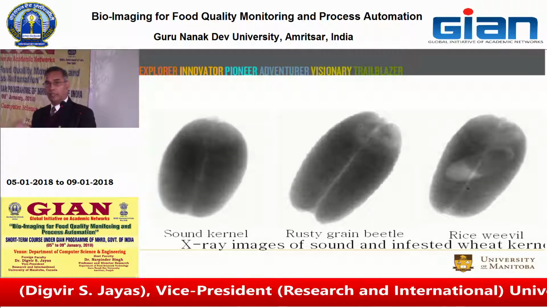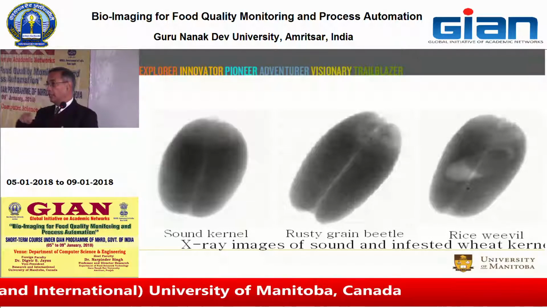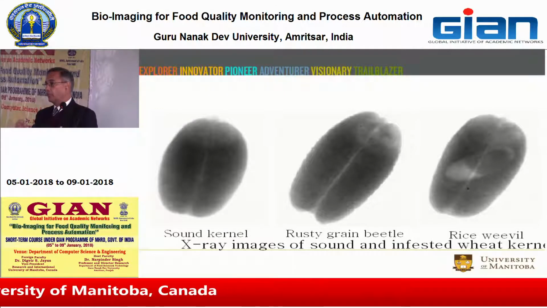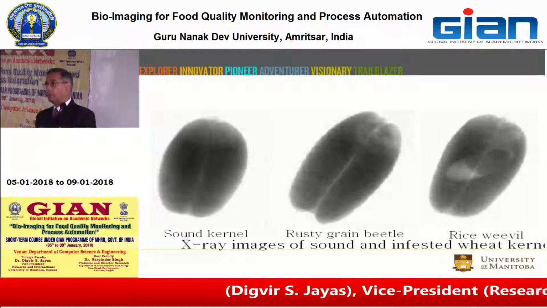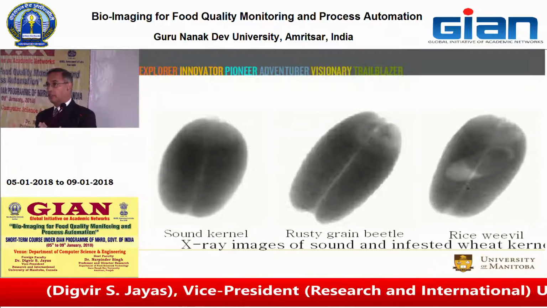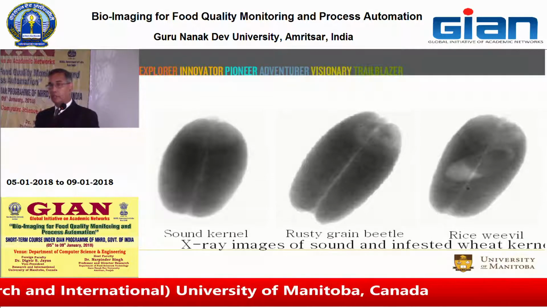In the case of these images, from visual inspection yourself, if you saw that image, you'd be able to say, yes, this has an insect infestation. But if you want to do that automatically, you would have to extract features, and in this case you would have to look at the intensity differences.